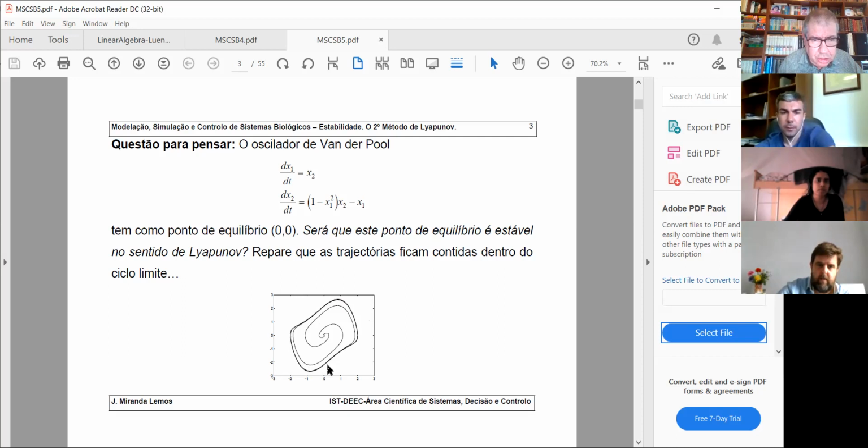This corresponds to an oscillation, such that if you start in this boundary, you will stay there, always with the period, always repeating the states. If you start inside, you will approach it, but you never leave it. Okay, and 0, 0 is an equilibrium point or not? Can you tell me whether 0, 0 is an equilibrium point?